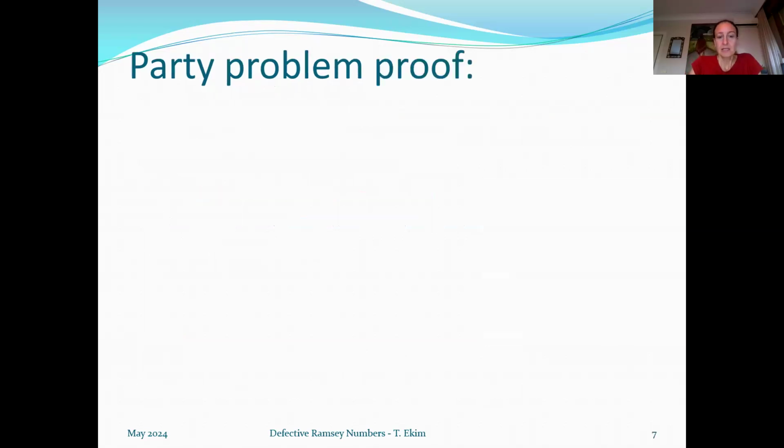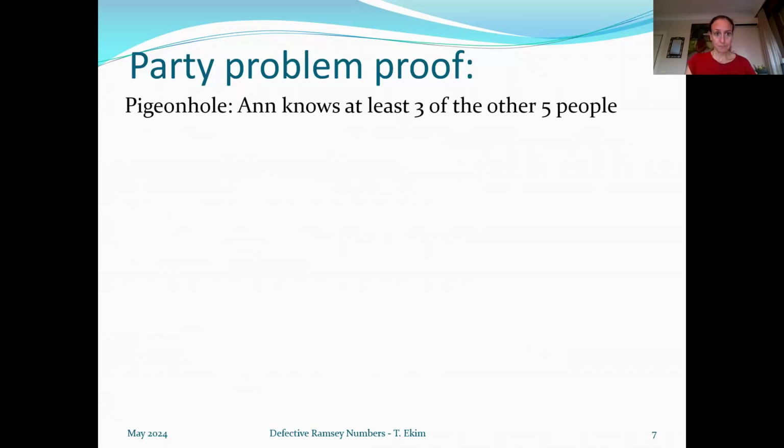So can we do something a little more clever? Hopefully, yes. A very classical approach in this kind of claims is the following. We start with the pigeonhole principle, which says that take anybody among these 6 people, and we can assume that, say, Anne, she knows at least 3 of the other 5 people.